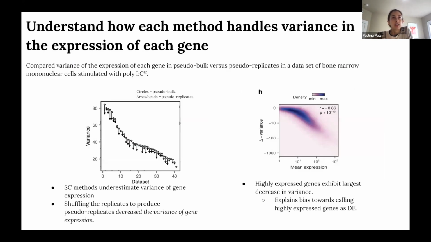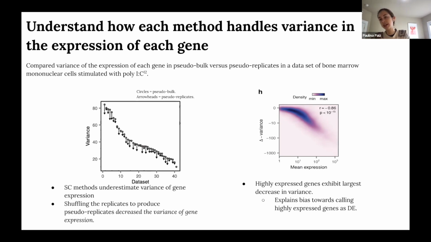And since the authors noticed that both the tests they had done, so the aggregation disabled and the pseudo replicates and single cell methods, something was going on with the variance, they wanted to understand this better, how they handled variance in the expression of each gene. And to do this, they compared the variance of the expression of each gene in pseudo bulk versus pseudo replicates.